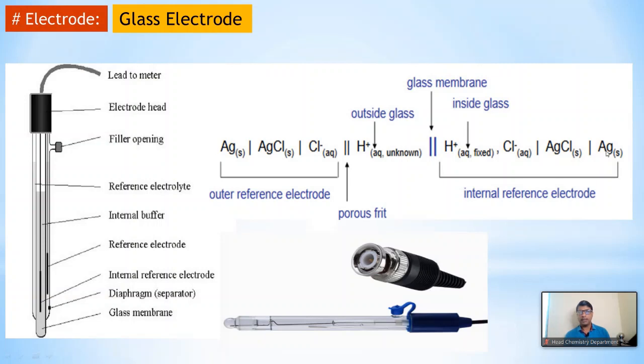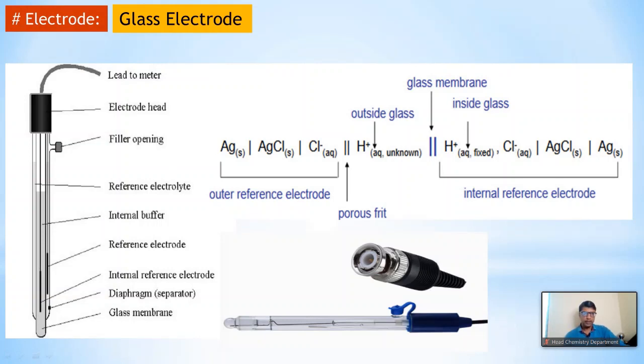On this side, silver solid slash silver chloride slash Cl minus aqueous slash H plus ions. So this is the silver wire, surrounded with solid silver chloride, and the remaining portion is filled with H plus and Cl minus ions.